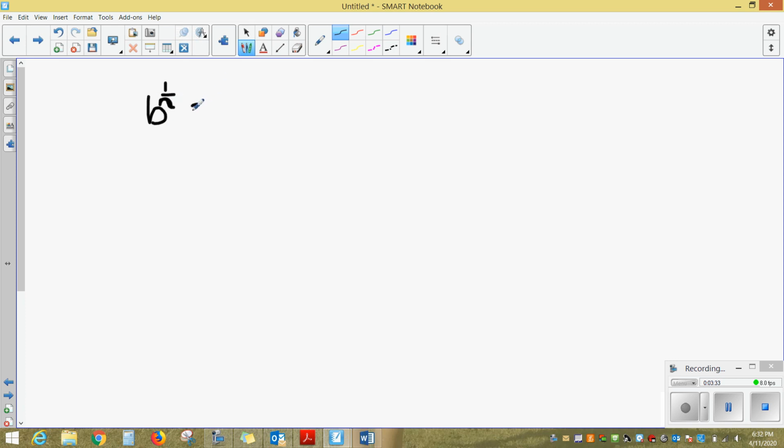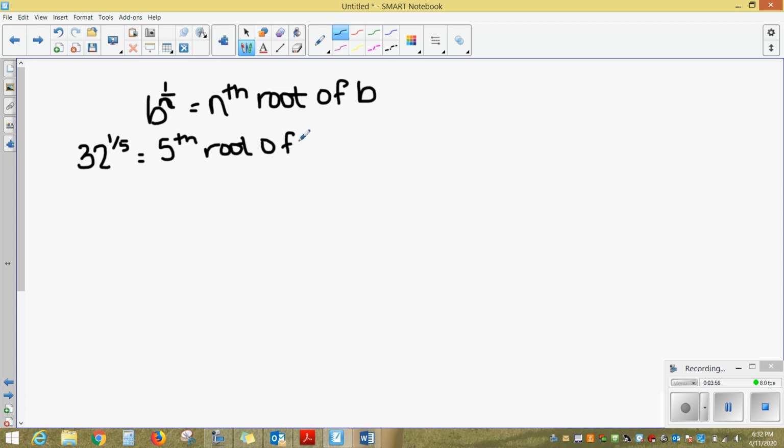B to the 1 over n power means the nth root of b. The nth root of b. So if we write 32 to the 1/5 power, what we're asking for is the 5th root of 32.